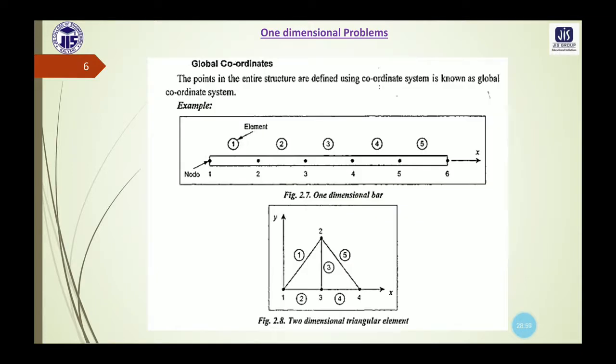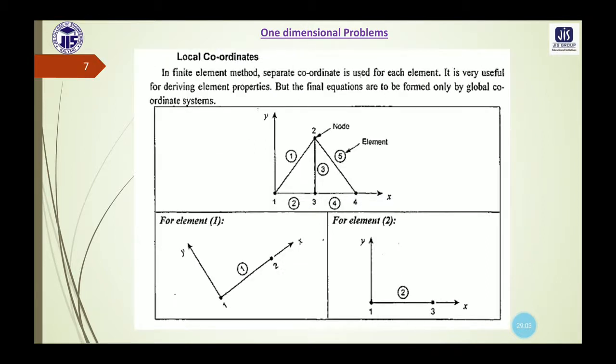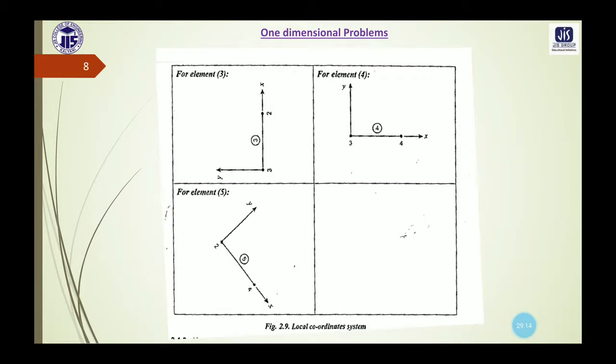This was an example of the global coordinate system, and this was an example of the local coordinate system. From a global coordinate system we divided into 5 different local coordinate systems, and for each local coordinate system we denoted the element and its corresponding nodes.